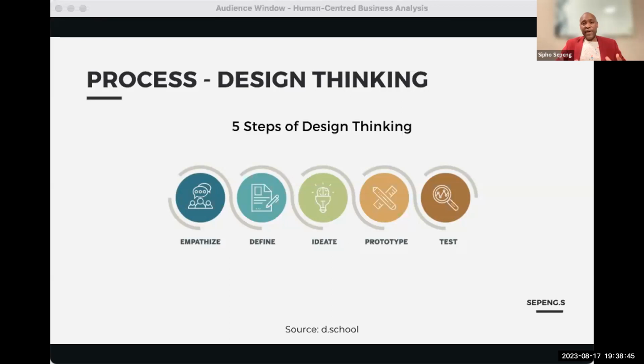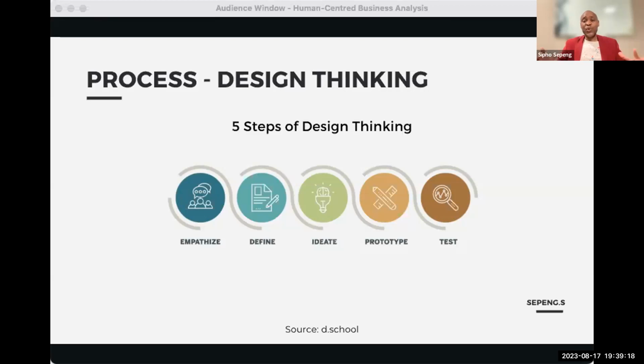And so we'll define that and reframe the problem, because we might have had some assumptions before we went out to empathize with the customers and get their inputs. But now coming back with those inputs, synthesizing those, we will then get to understand the problem from a customer's perspective, which will then help us reframe the problem in the define phase.